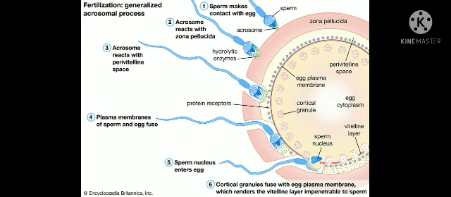If we consider human beings, the amino acid sequence is specific within these fertilizin and antifertilizin proteins of human beings. Only the sperms and ova of the same species have the capability to interact with each other, not of different species. This is ensured by the fertilizin-antifertilizin interaction between the sperm and the ovum of the same species.